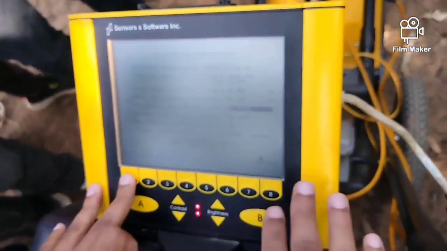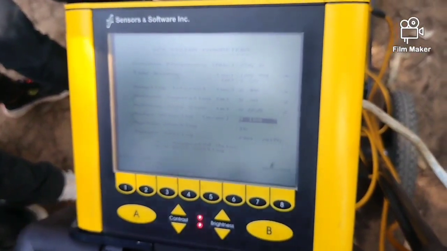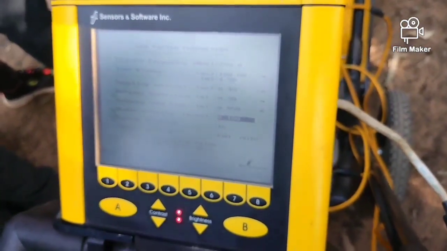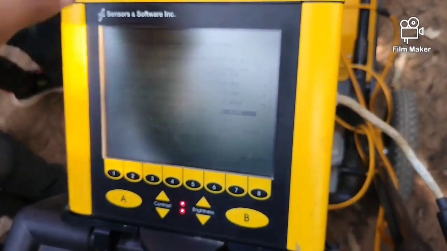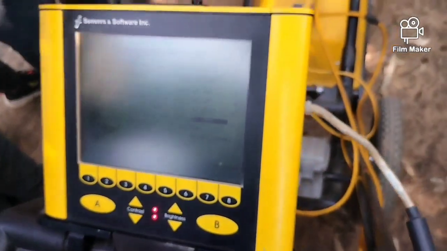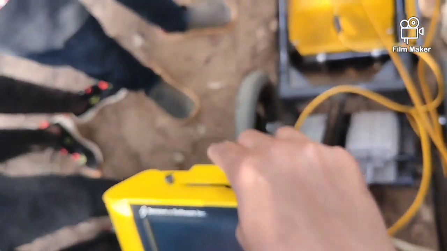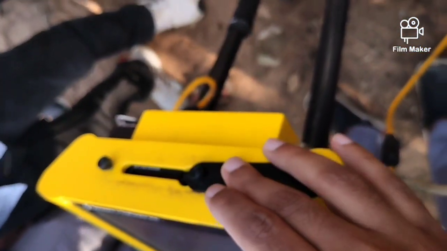Then radar velocity, which you can set, but it's better to set it based on the software recommendation, because you can take out the data. There's a removable disk. You can take it out, get the GPR data, and then process it on your laptop, but you need the software license for that.